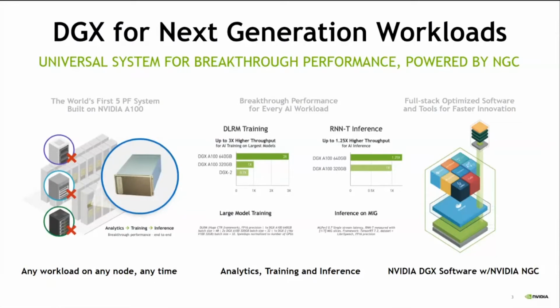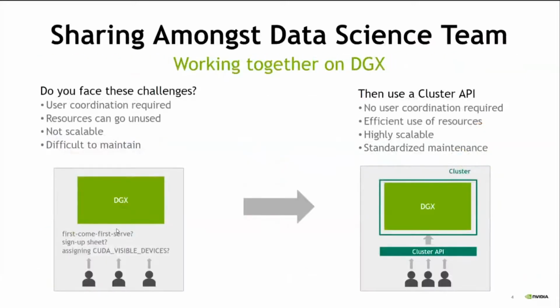The challenge is that you might have several of these systems in a cluster, or you might just have one system. In the use case of one system, this is what we're going to focus on. Let's say you currently have one DGX system, and you have multiple users on it. How do they organize? How do they use the resources on it without stepping on each other's toes?